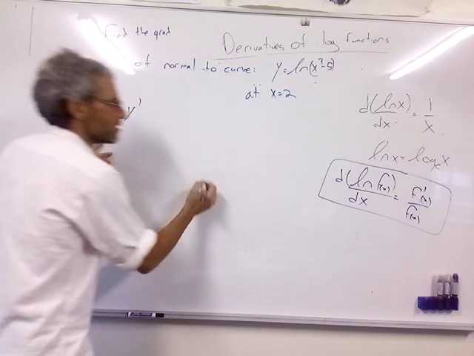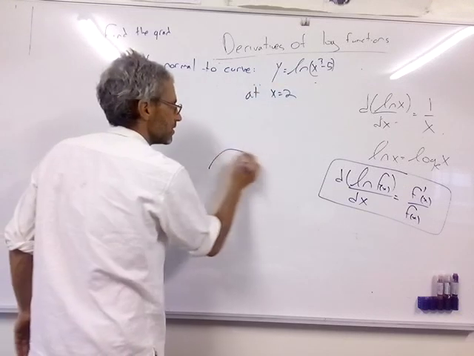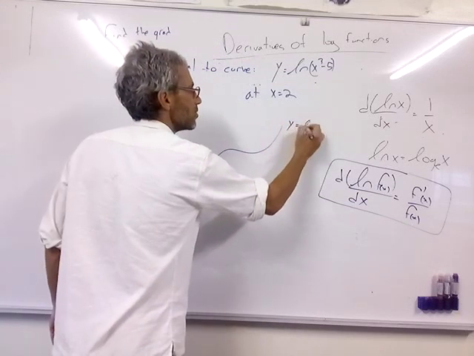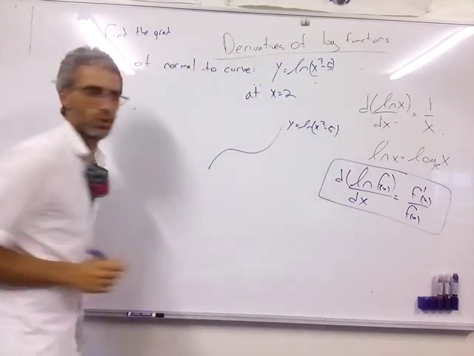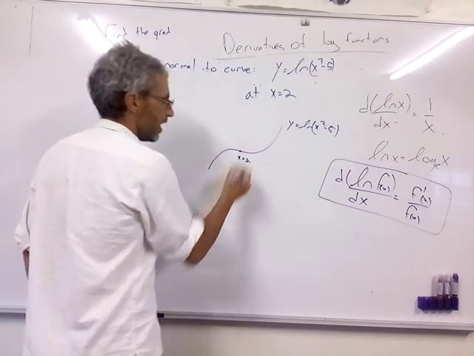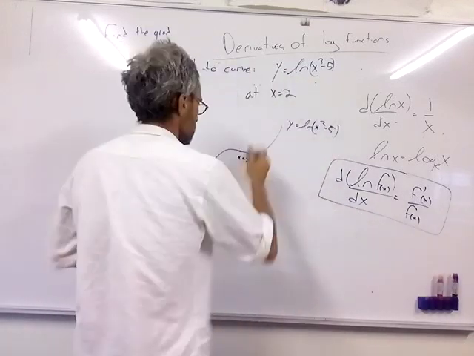Let's actually look at the whole question first. You've got a curve, y equals log of x cubed minus 5. I don't know what it looks like, I just drew it. Now we've got a certain point, x equals 2, and a normal to it.